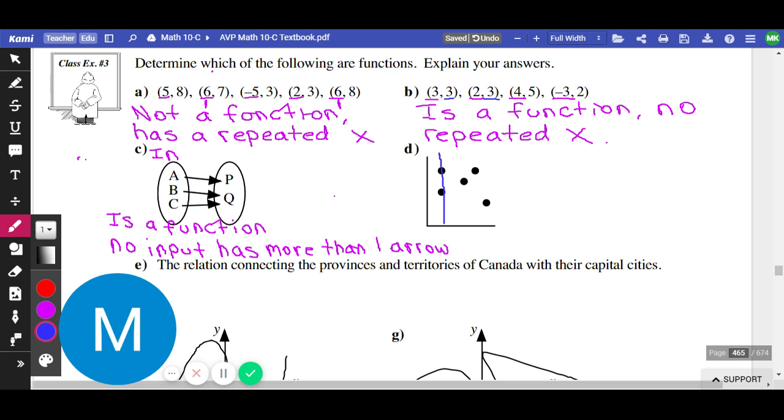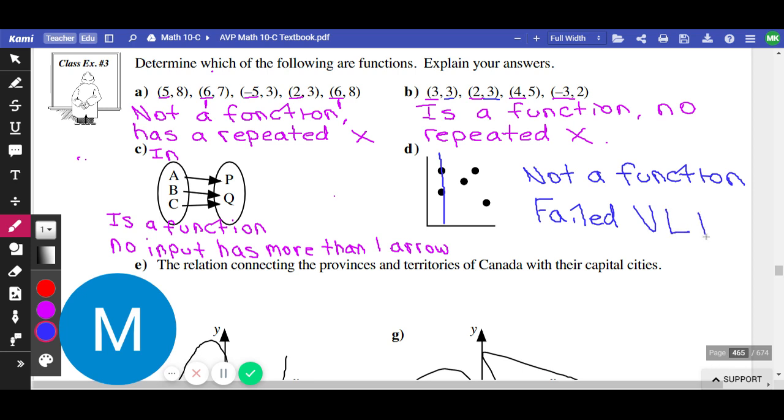It is not a function. And we just say as our justification, failed VLT. Everywhere else it passes the VLT. That's the only spot it failed it.